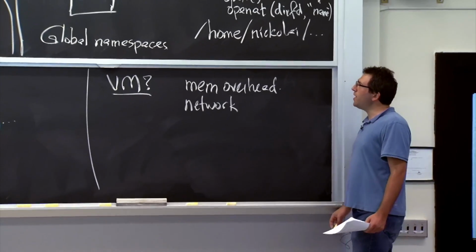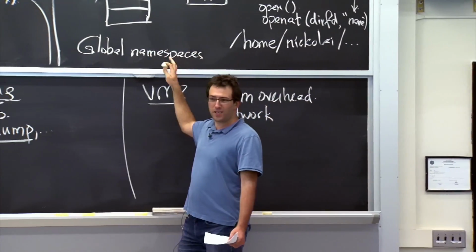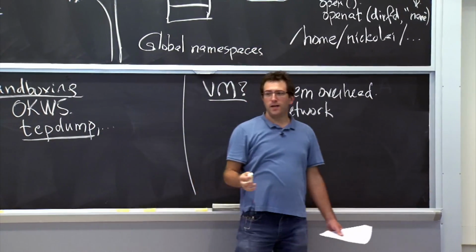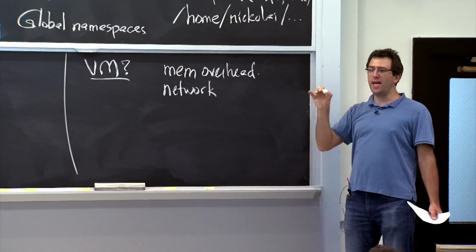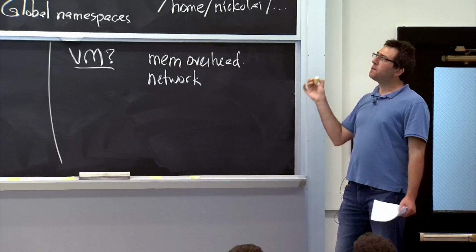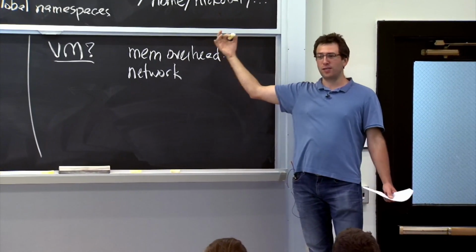Yeah, so I think the way they basically do it is that they treat the network as a global namespace, very much like the file system. So I think once you enter capability mode, you cannot create a new socket and connect it to some arbitrary machine or to some arbitrary address or port number.